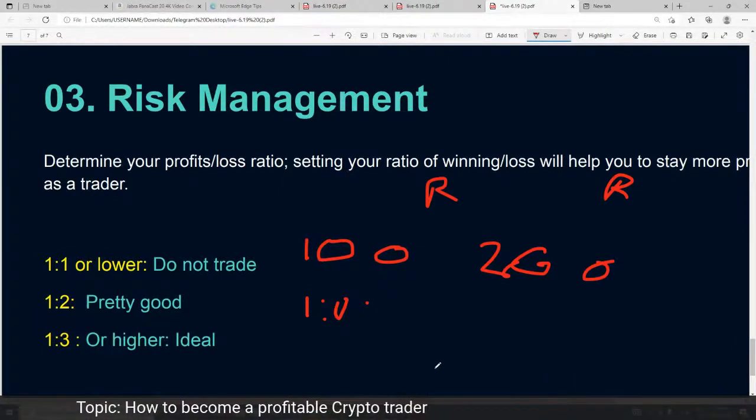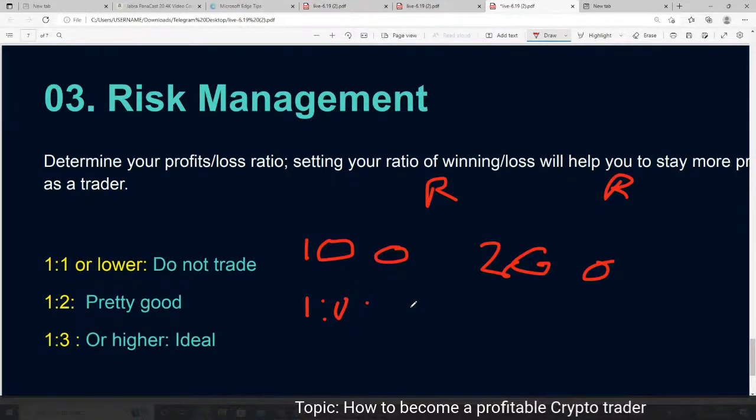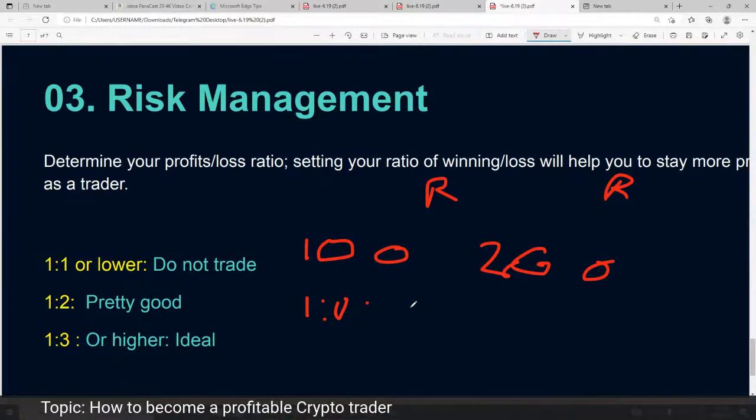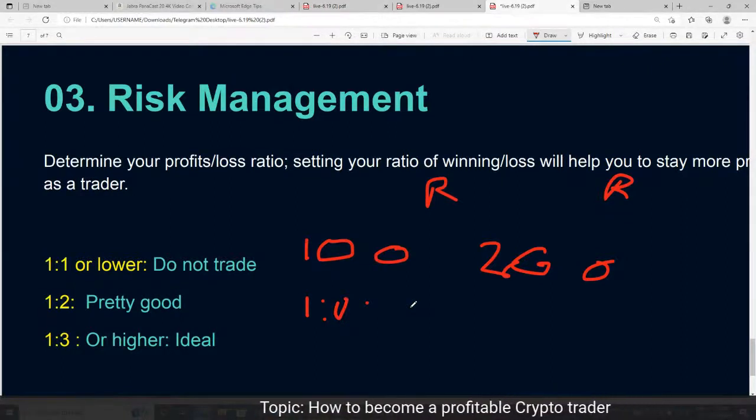Why will you risk $1,000 in order to make $20? It's bad. It is not good. You can get liquidated and $1,000 is gone. And while you are doing that, you will find out that you did that because of $20. Because of $20, you risk $1,000.